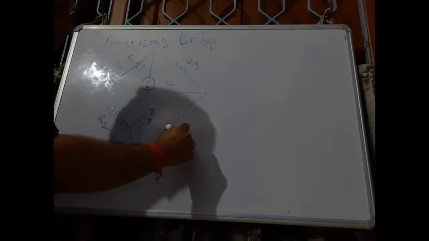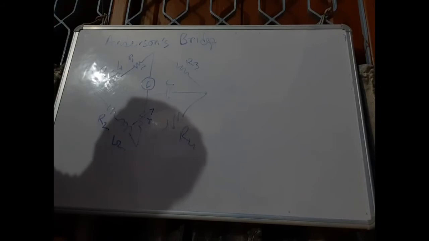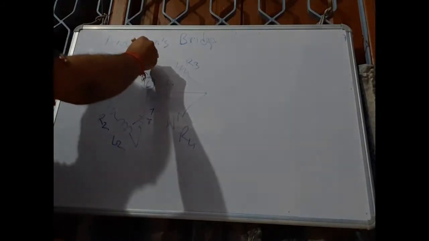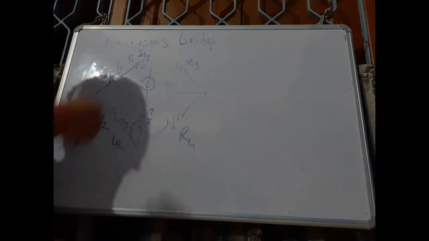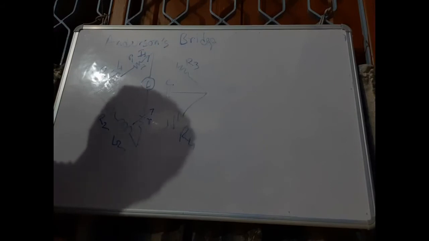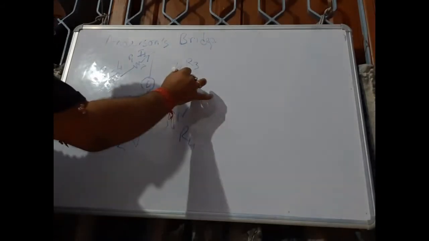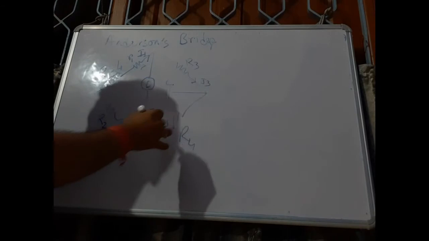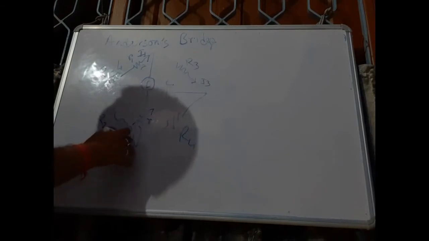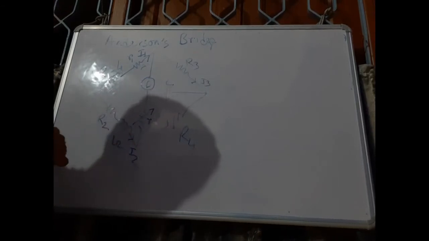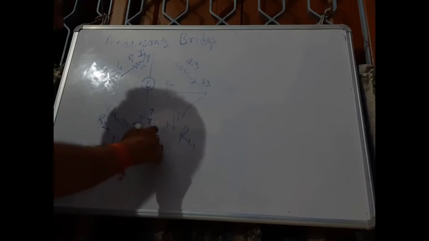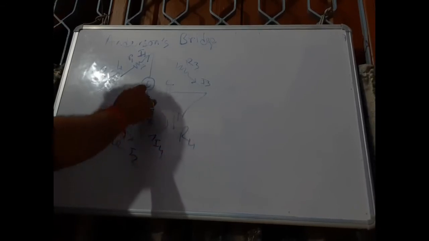This is R4, right? Now the current flowing through this circuit is I1, this is I3, this is I2, this is I4, and this is IC.